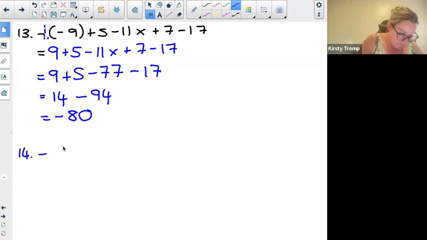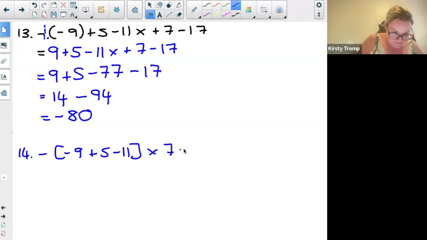Ma'am, when the brackets are around the negative number, does BODMAS apply to that and do you use that number last? Talk me through it. Which line?